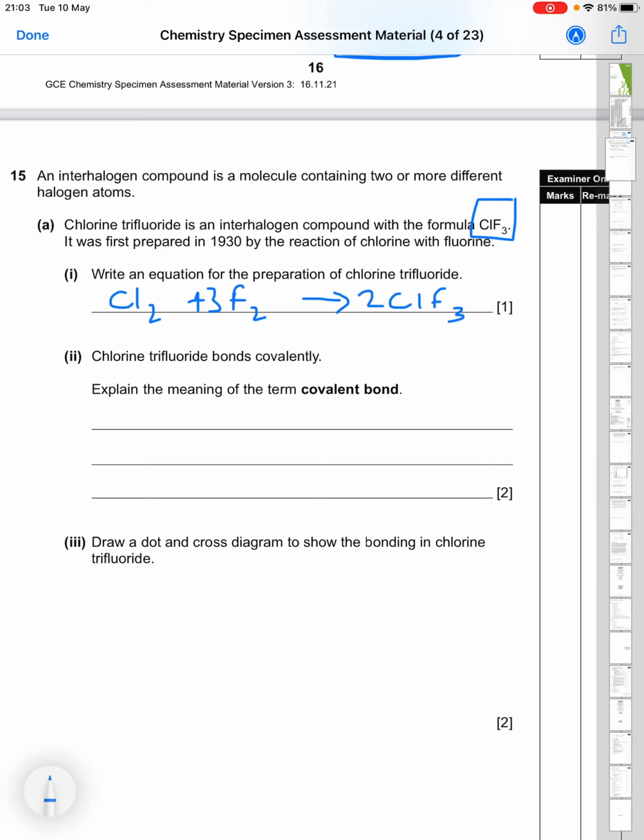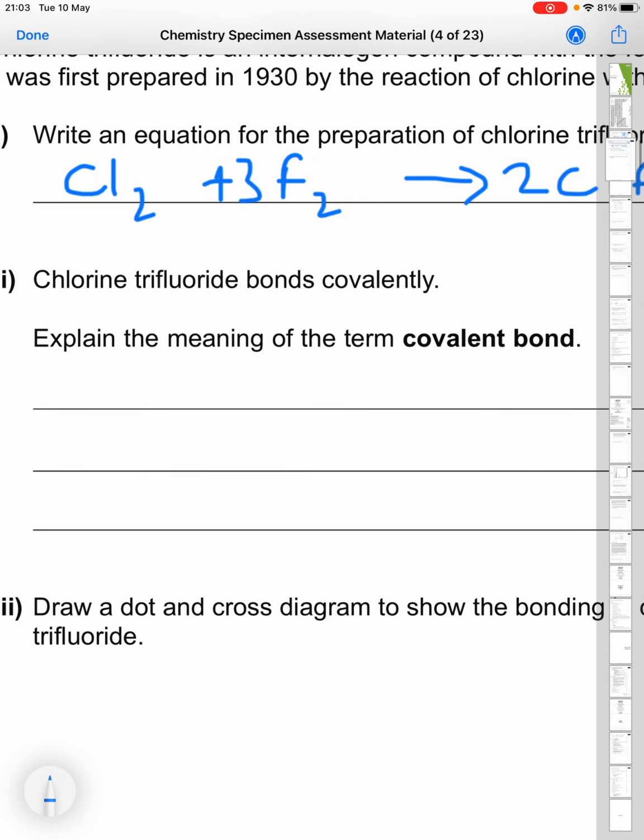Chlorine trifluoride bonds covalently. Explain the meaning of the term covalent bond. Nice if you get a question like this again, it's just pure recall.